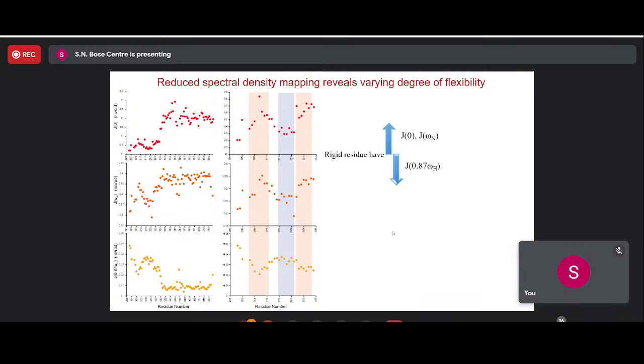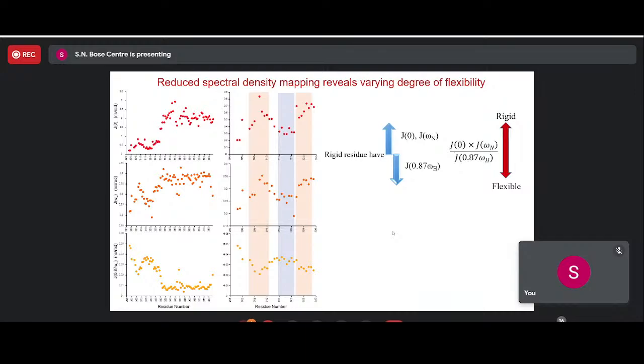And so what we did was combine all of this into one parameter. We collected the 2 fast motions in the numerator and the slow motion in the denominator. Now, for a residue, if this number goes up, it means that that particular residue is relatively more rigid, and if it goes down, it is flexible.